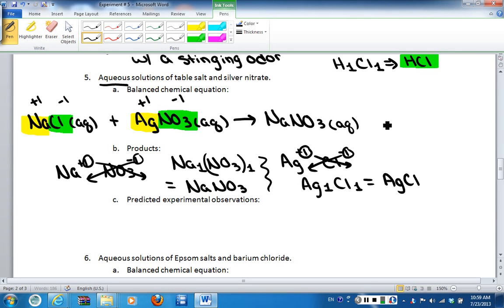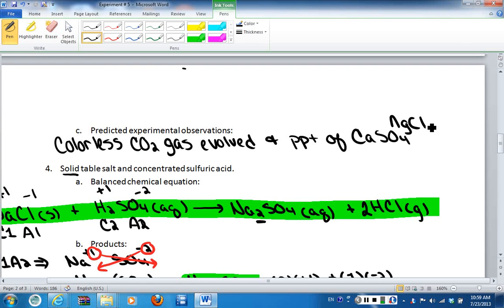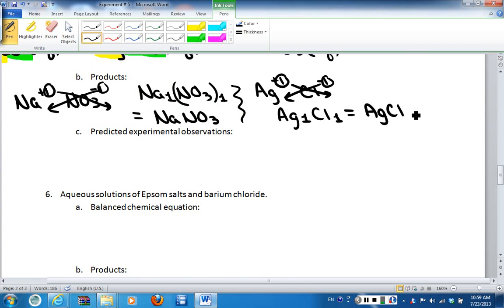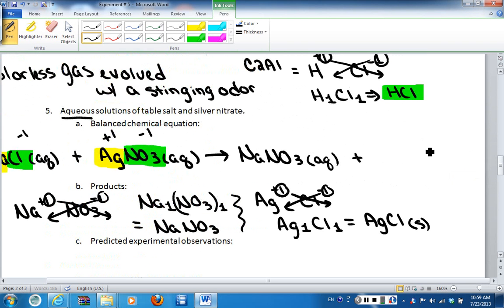So we have our second product forming. Now, the solubility of silver chloride in this instance, if we look at our solubility rules, is actually a solid. So we have a solid AgCl forming.